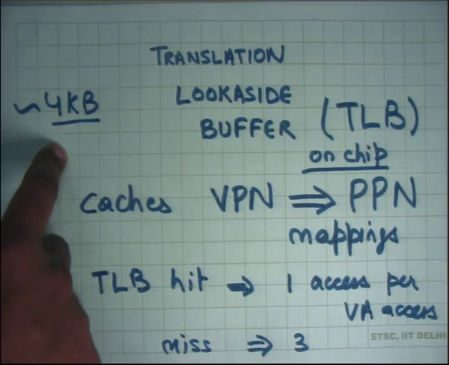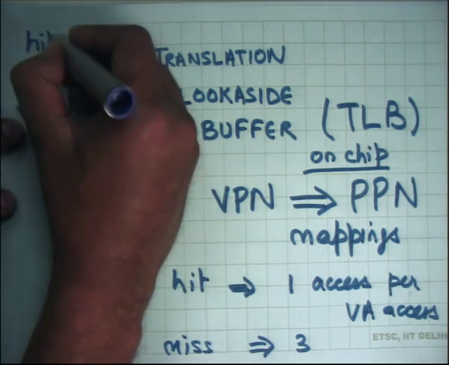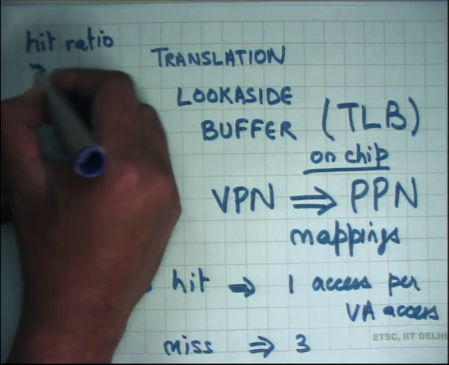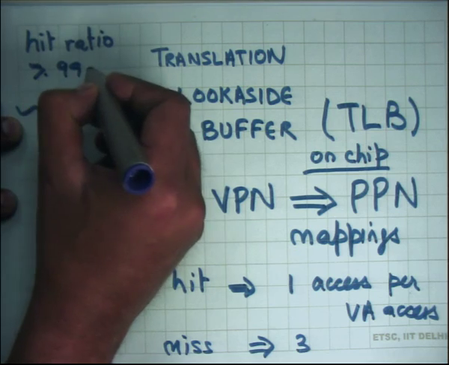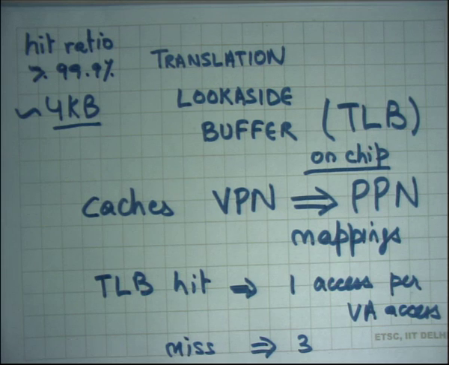Whenever we talk about caching, assume you have seen caching and you know what a hit ratio is. I've been talking about hit ratios greater than 99, a ballpark figure, 99 to 100%, and that's the kind of hit ratios we are looking at.